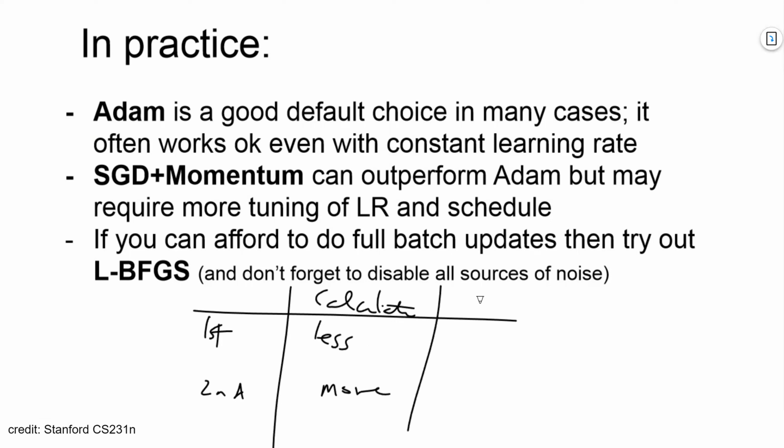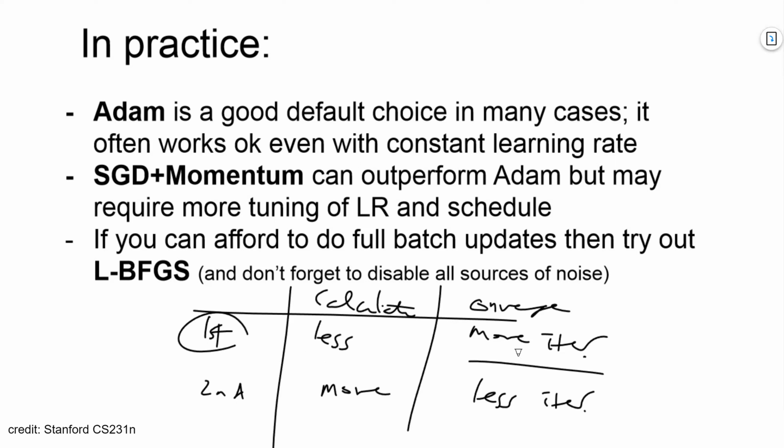However, in terms of convergence, first order takes more iterations and second order takes fewer iterations. As you can see here, because first order optimization takes less time per step, this could cancel out the time required for convergence. However, each step takes much longer for second order optimizations.